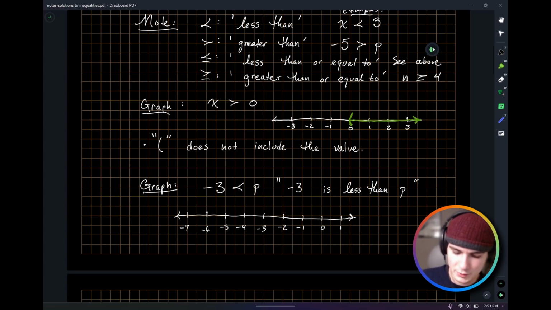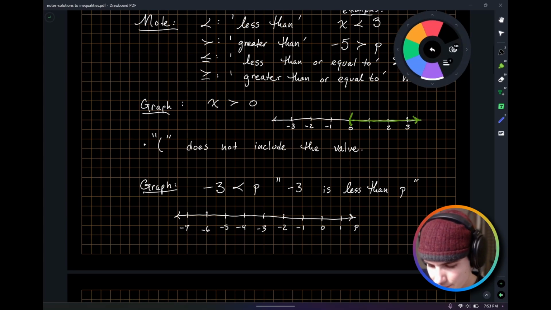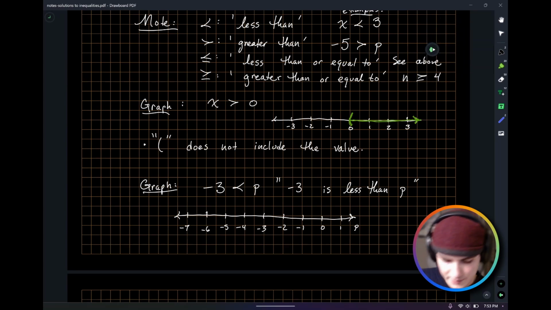This number line represents the values of p that are the solution of this inequality. Again, learning a new form, we're going to be using a curvy bracket. This is a strict inequality. -3 is less than p, so that means p is greater than -3.